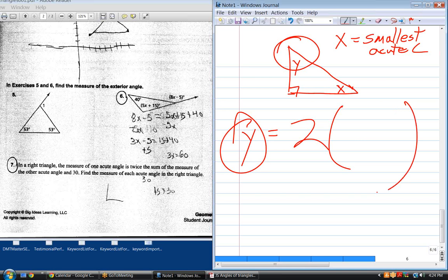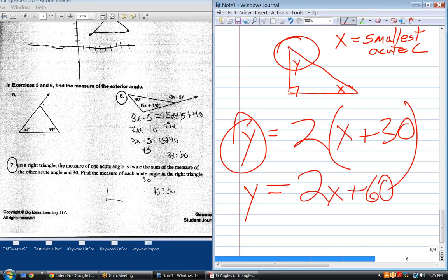How can I write that? 60 plus 30? No, the other angle is x. Oh, x plus 30? So they're saying that y, this angle right here that I've circled, is equal to 2 times x plus 30, that is, 2x plus 60.